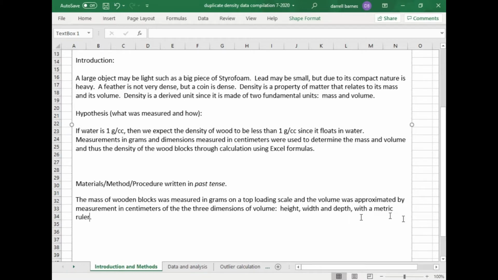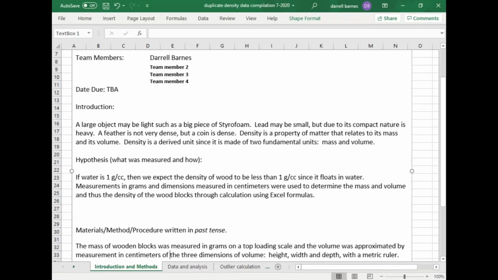How about that? There are 2 "the"s right here. Did you see that? Okay, we got that taken care of. Okay, very good. I think this page is nice.